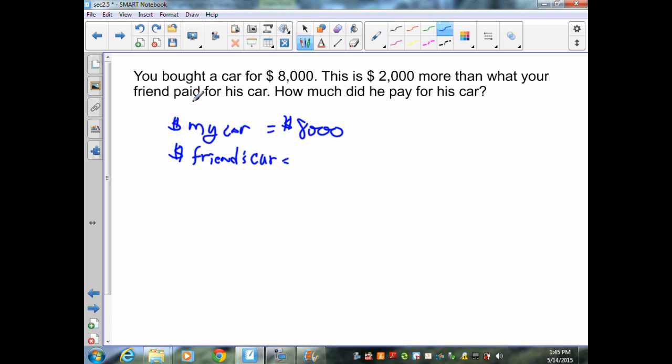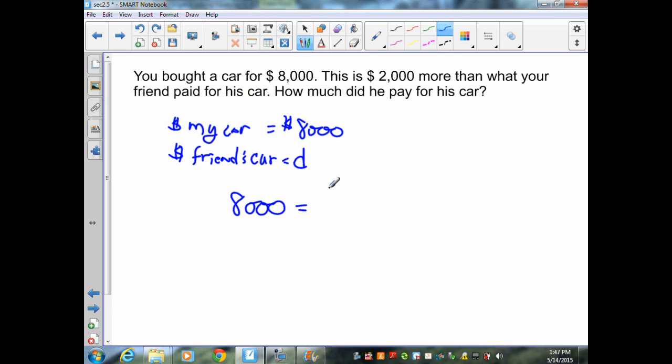So I'm going to put down here D for dollars. It could be any letter. But that's what I'm trying to find out. I want to know the dollar amount that my friend paid for his car. Now let's go back up to the problem. This is $2,000 more than what your friend paid for his car. So that's the price of your car, is $2,000 more than what your friend paid for his car. Again, more than, we can flip the order.